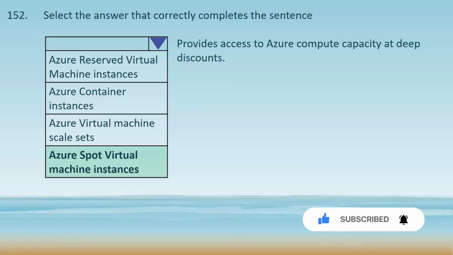The only drawback is they can go anytime, but then you get a lot of discounts when you're using these virtual machines. So probably you can put your non-critical workloads on them, which can handle interruptions.